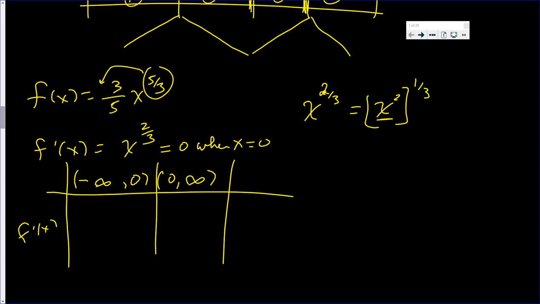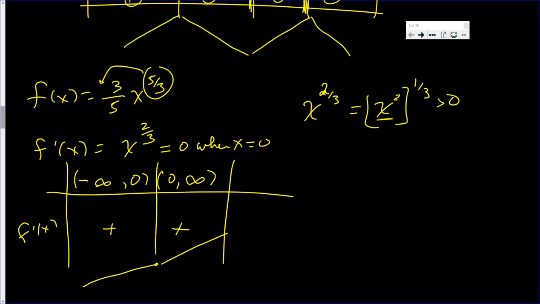But x squared is positive, and the cube root of a positive number is always positive, always. So it turns out it's always positive. So the function goes up, and then it continues to go up.